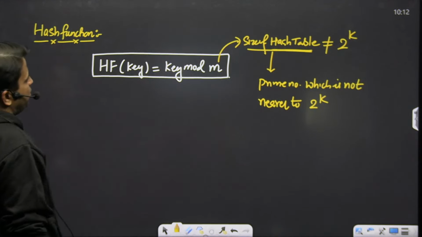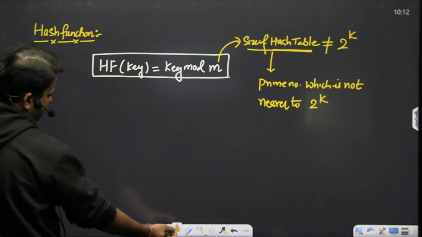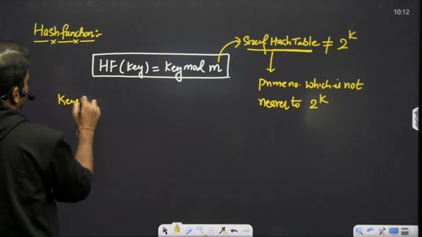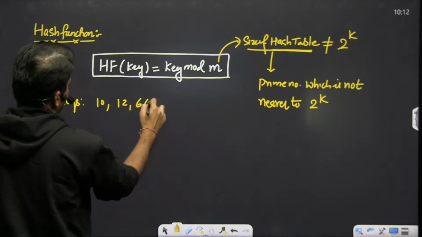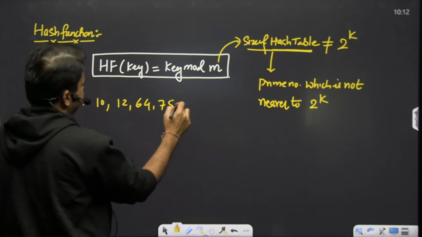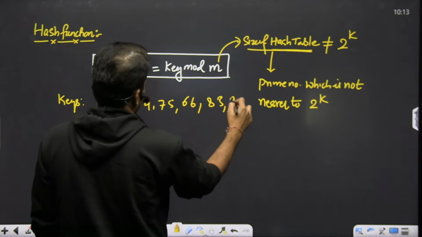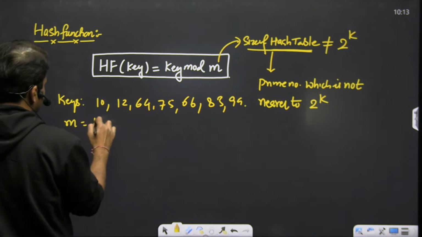So for example, let's say we have keys like 10, 12, 64, 75, 66, 83, 99, and the size of the hash table is, let's suppose, 10.